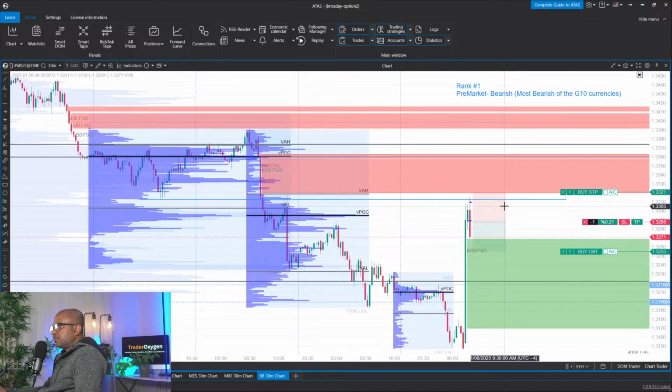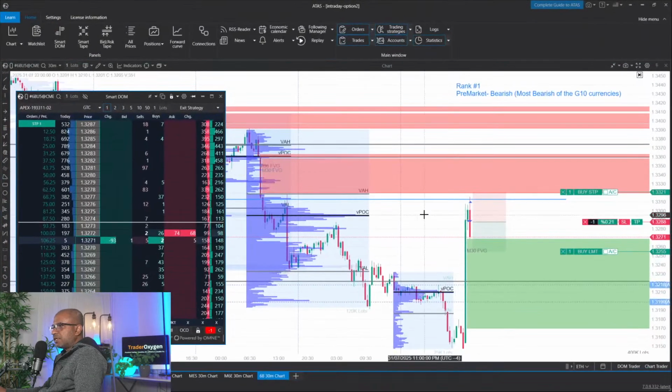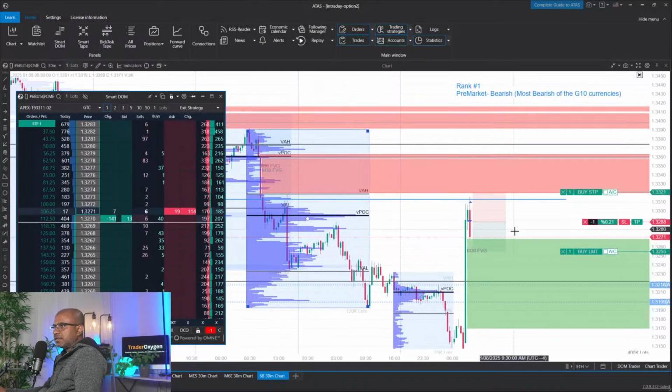So we saw a lot of absorption happening at these price levels. This is the smart DOM, and we were analyzing this area.